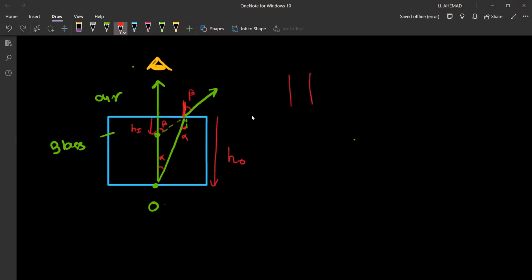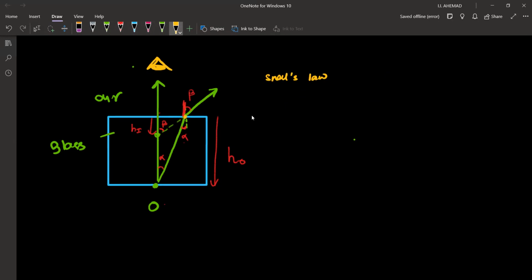So when we have two parallel lines, these two angles are alternate. And when we have two parallel lines, these two angles are corresponding. So alpha is alternate angles and beta is corresponding angles. So let's apply Snell's law right here.